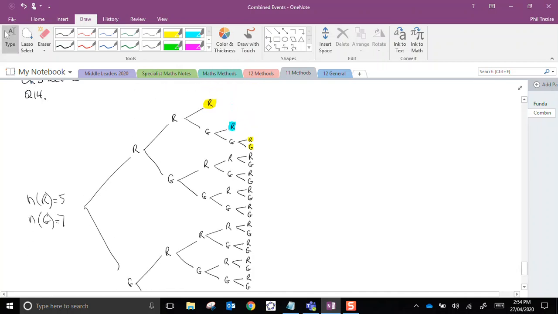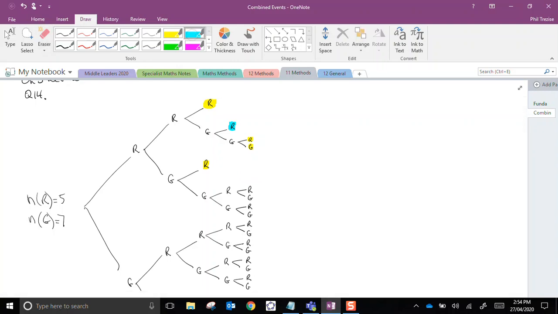And I'm only highlighting the points where they actually win the game. So let's go into this next set of branches. Red for Sebastian, then red for Sebastian. So that's clearly a win for Sebastian. I can erase quite a bit of those little terminal branches in there to make my life look easier.